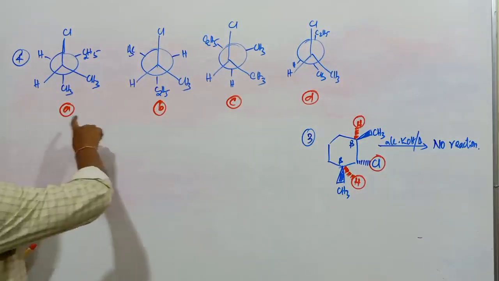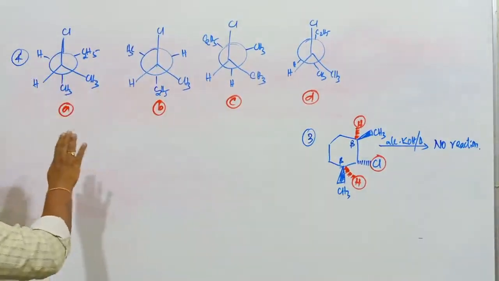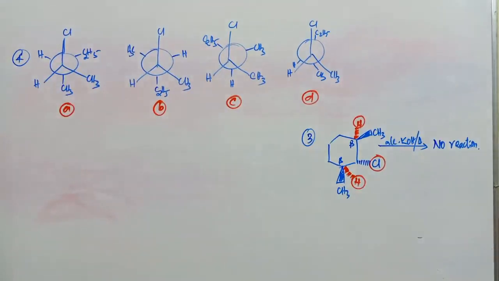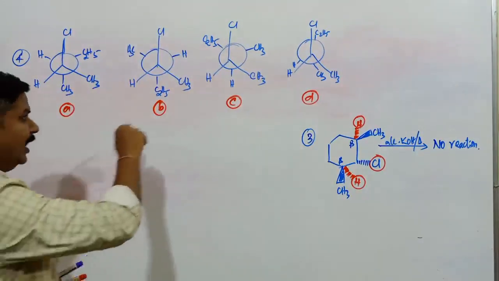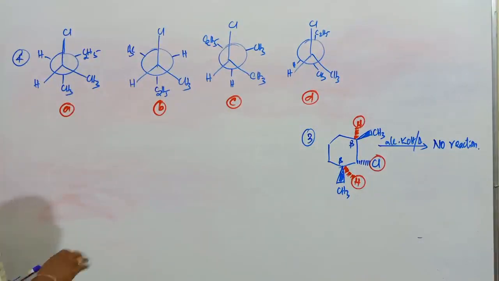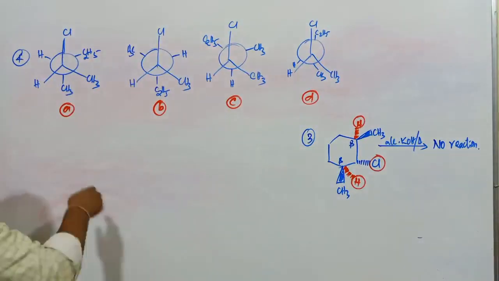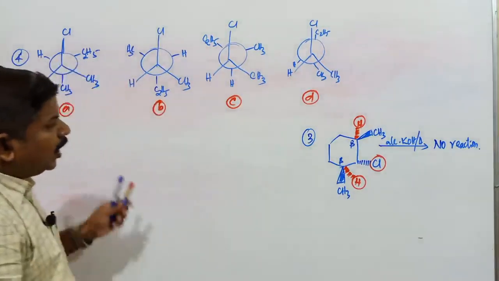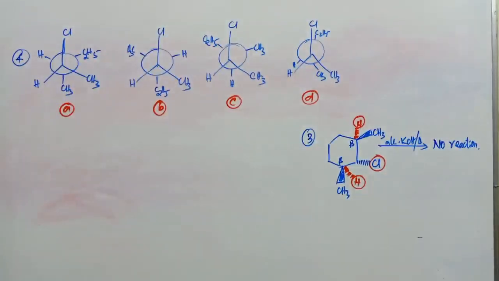Now, out of these, no doubt these molecules contain hydrogen as well as halogen. When hydrogen and halogen are present in the molecule, dehydrohalogenation takes place. But the question is, out of these four molecules, which one undergoes dehydrohalogenation, that is E2 reaction, very easily?